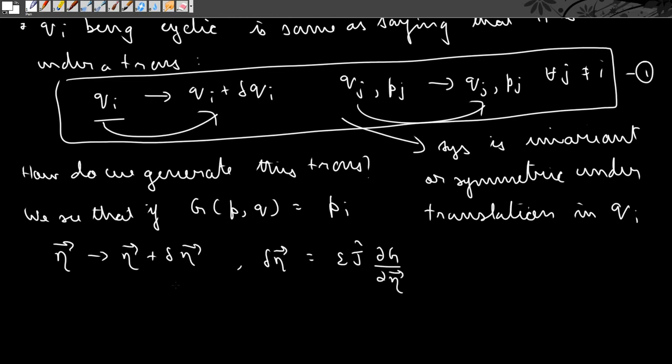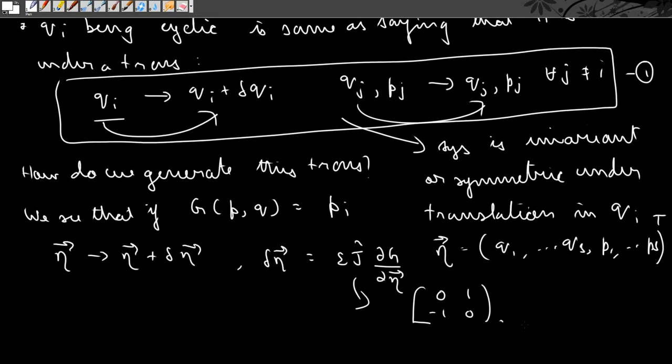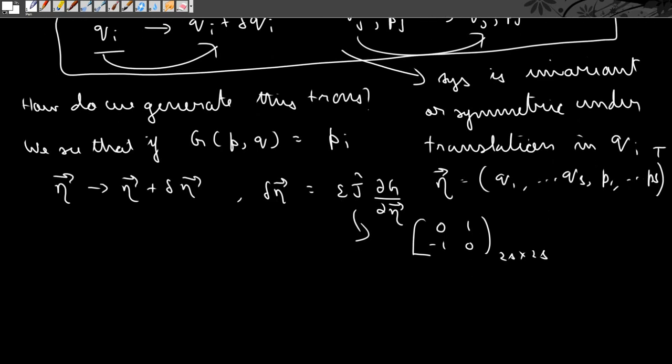Here of course this is the vector notation which we have come across before. Just to remind you, η is the vector consisting of the coordinates q1 to qs and p1 to ps, transposed, a column vector. And J is a square matrix of dimension 2s times 2s having blocks 0, identity, minus identity, 0, where s is the number of degrees of freedom.